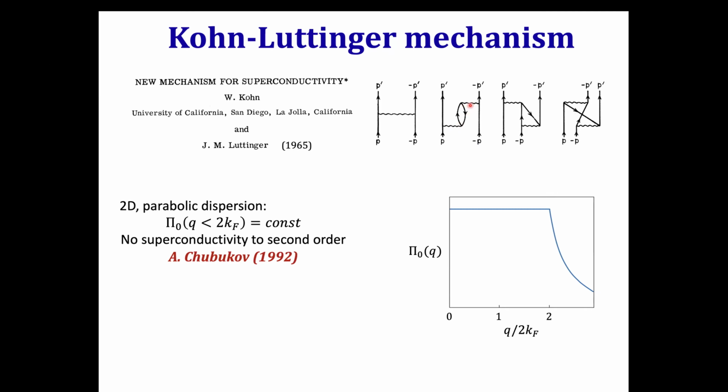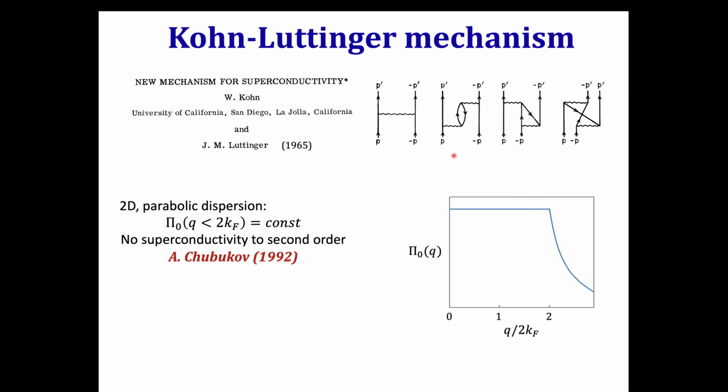This is just the Lindhard function of electrons, the susceptibility. And as you may know, at zero frequency, the Lindhard function in two spatial dimensions has a special feature. It's actually completely flat. It's constant all the way from zero momentum up to 2kF. That's really a very special thing about parabolic dispersions in two dimensions.